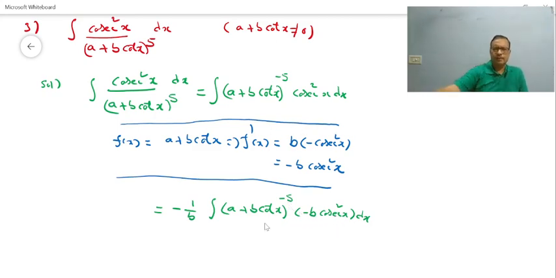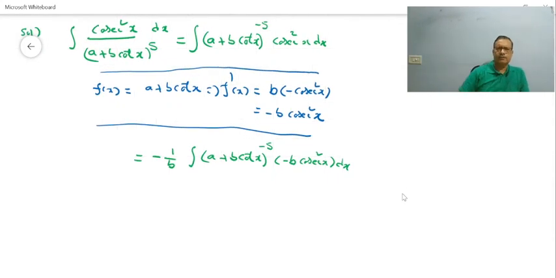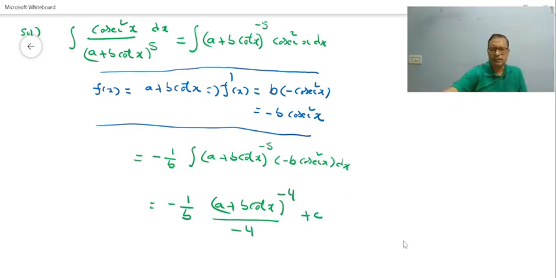Okay. Now, what you can observe is that if a + b cot x is f(x), this is f'(x). So this is of the form integral of [f(x)]^n f'(x) dx, which is [f(x)]^(n+1) by (n+1). That is minus 1 by b into (a + b cot x) to the power of minus 5 plus 1, that is minus 4, by minus 4, plus constant.